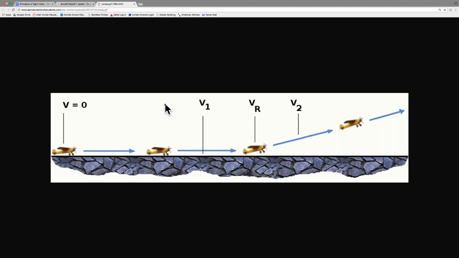V2 speed is known as takeoff safety speed. Okay, so basically, at this speed, the aircraft can climb safely with one engine inoperative. So once they hit this speed, they know they can climb to altitude with one engine not operating.